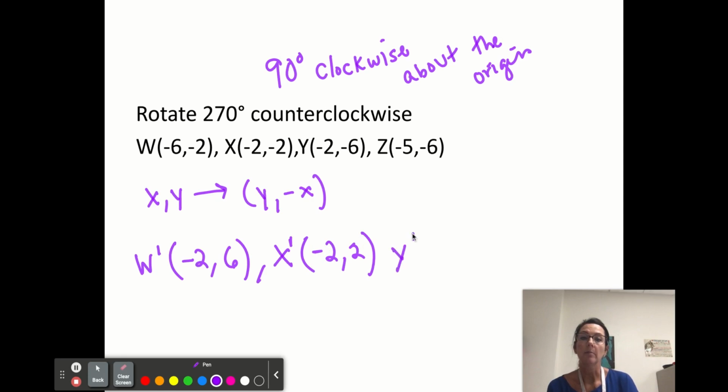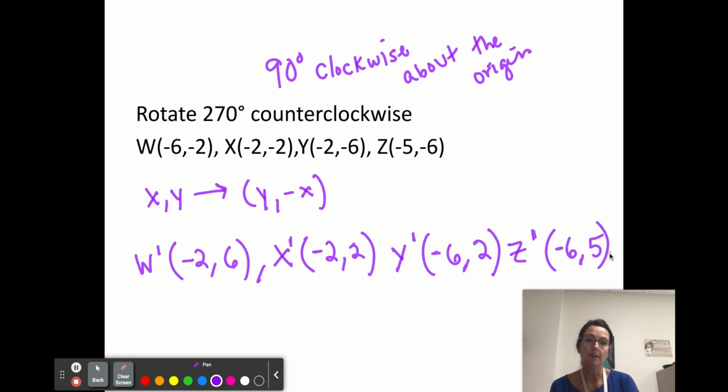Y prime will give us -6 for our new x-coordinate, and a positive 2 for our y-coordinate, and Z prime will give us -6 and a positive 5.